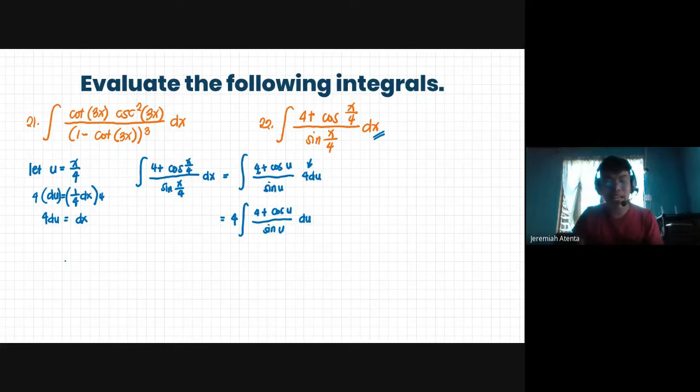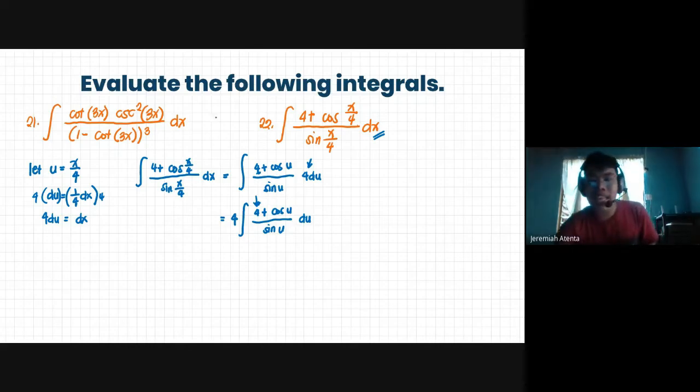Now, let's try sine. If you let v be equal to sine, cosine u du comes out in the numerator. However, we have the 4 here, and that is what complicates our integral.